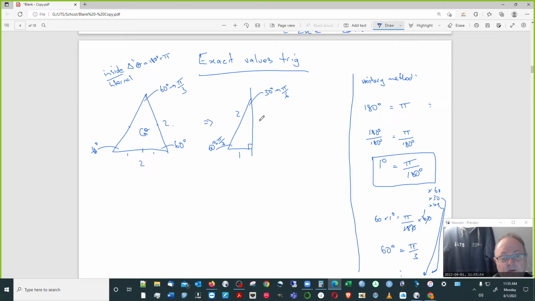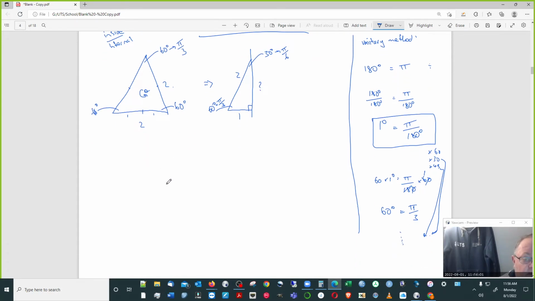Okay, and what is the size there? So the next thing we need to do is revisit Pythagoras. I'm going to call that x for the sake of argument.